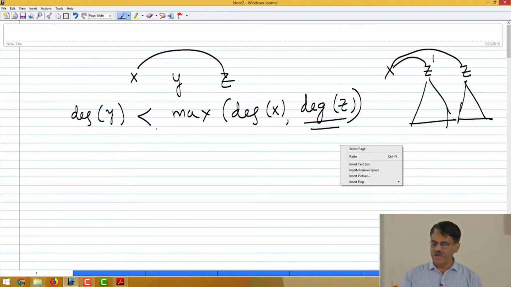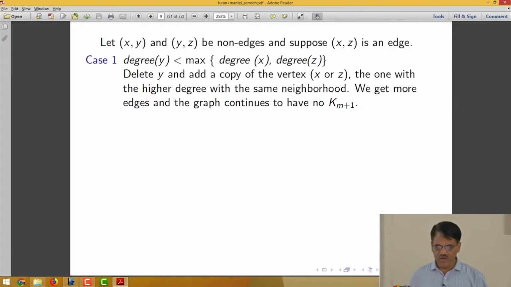If with z prime you have one, then you should have had one with z also, because z prime is actually a twin of z. Okay, so is it clear that I have a new graph with more edges and still it does not have a complete subgraph on m plus 1 vertices? So it contradicts the fact that I am looking at a graph with the maximum number of edges. So this is case 1. So all I am saying is just delete y and replace it by x or z.